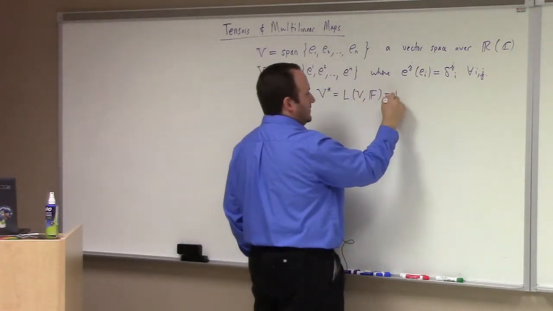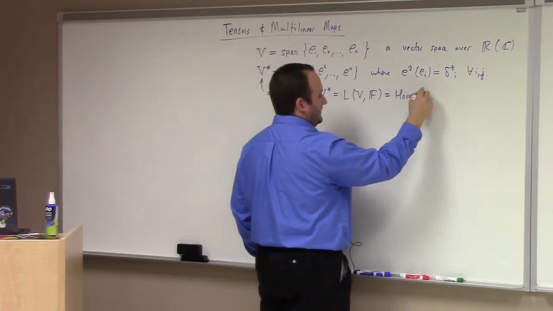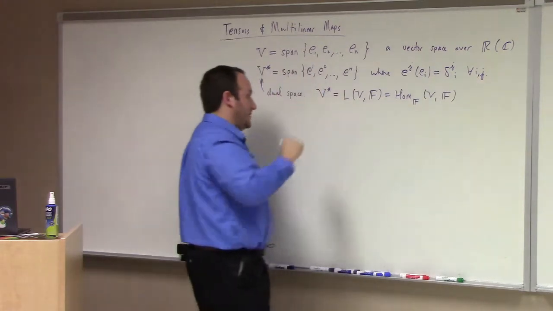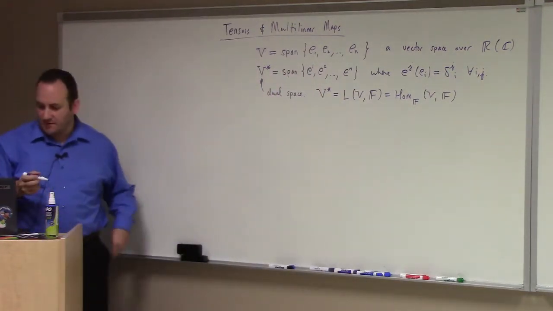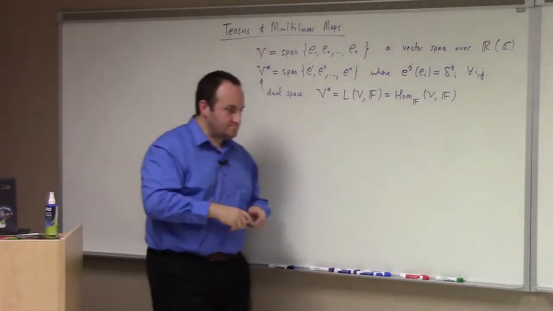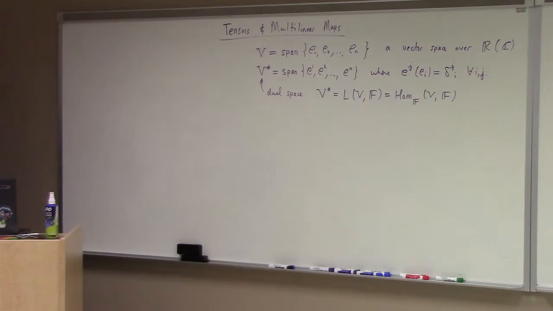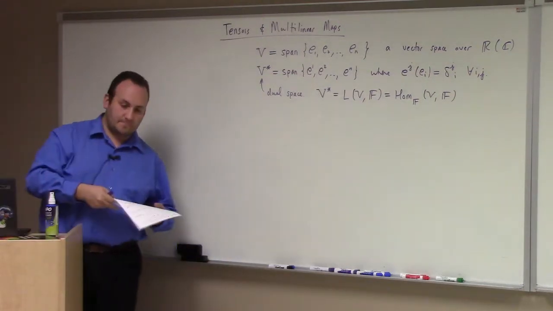So more descriptively, it's the F homomorphisms from V to F, where F could be R or C. In finite dimensions, if V is finite dimensional, then V and V dual are isomorphic. All right.